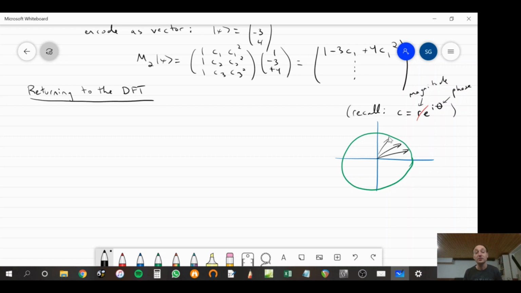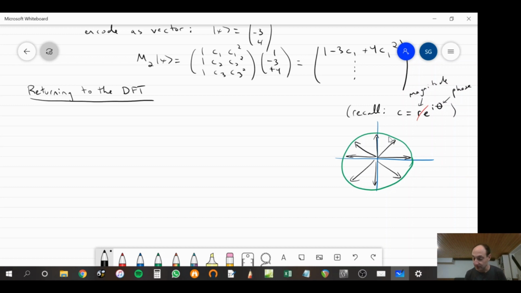The natural thing to do, if you want to cover the circle evenly, is to choose points like this, to evenly distribute the points about the unit circle. And these are the roots of unity. That's exactly how you get the roots of unity.